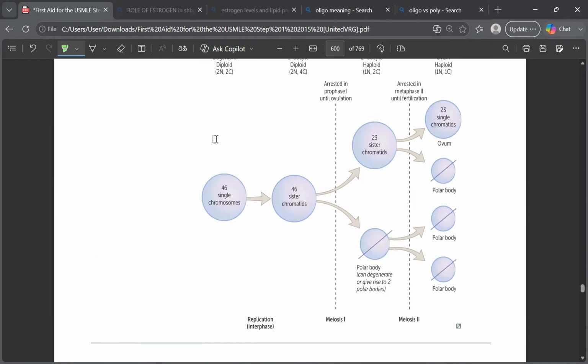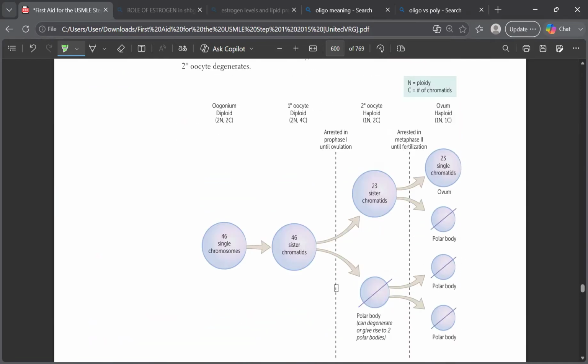I think we'll just go through the diagram first. So it divides into a primary oocyte by meiosis, and this primary oocyte is arrested in prophase 1 until ovulation. The primary oocyte is diploid and contains four chromatids, because the oocyte contains chromatids and the oogonium contains chromosomes. That's the main difference between them.